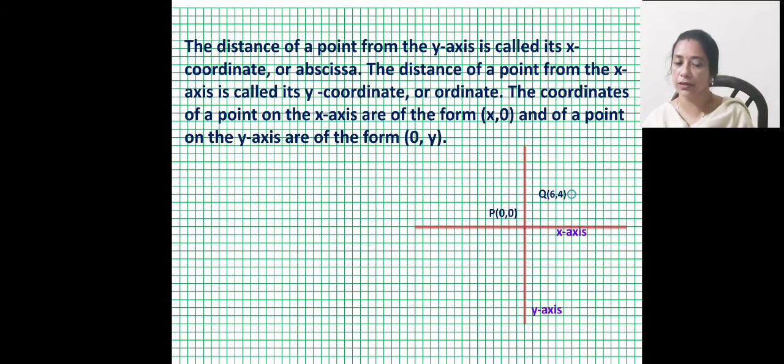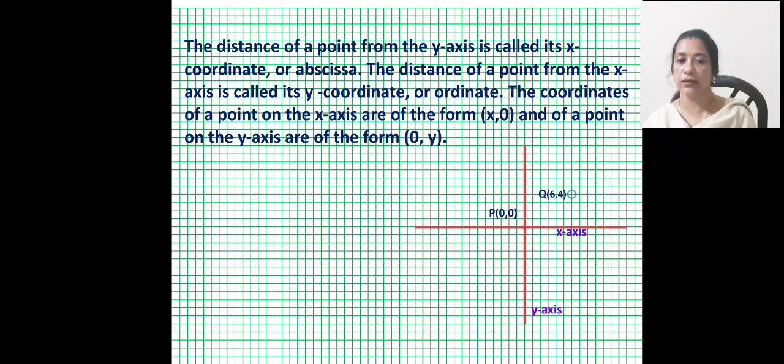Similarly, take the example of another point T which is lying on the y-axis. See here, its distance from the y-axis is 0 and its distance from the x-axis is 8. Since it is in the lower part, here minus 8 will be there. We know that below the x-axis, whatever part of the y-axis comes, that comes in terms of negative numbers, isn't it?